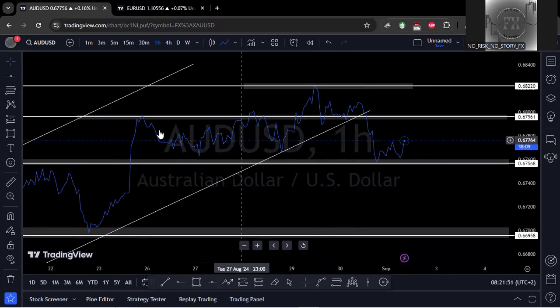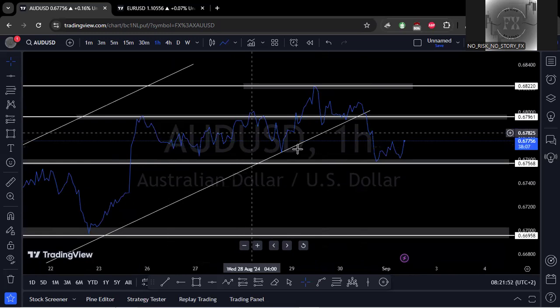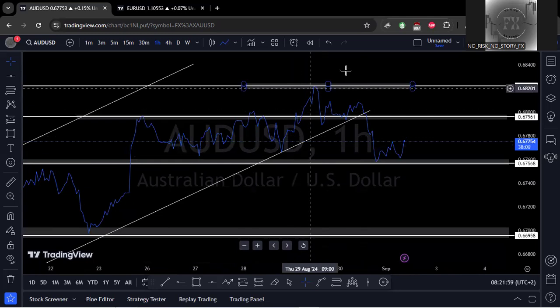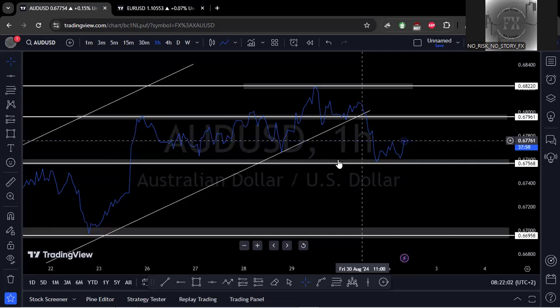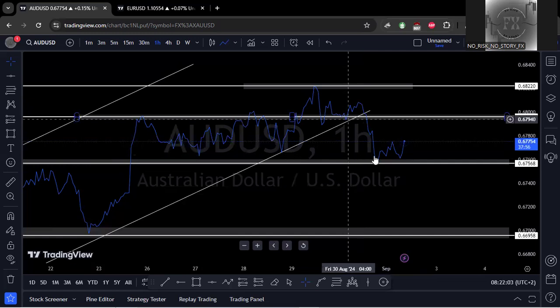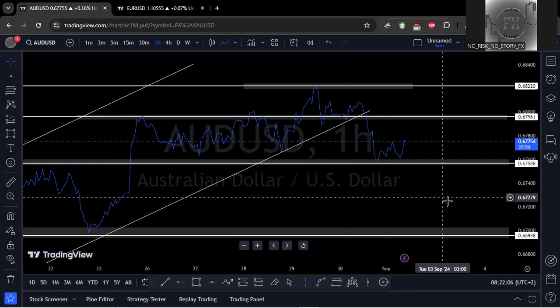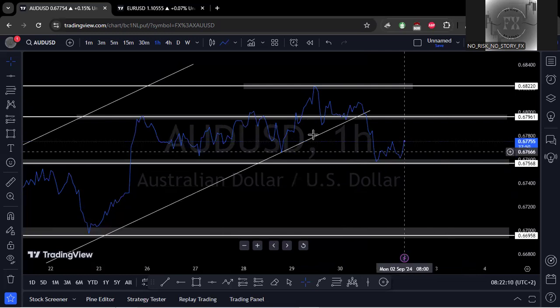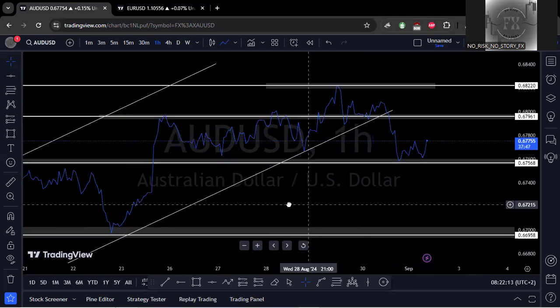The market has been consolidating around these zones. It doesn't want to break high to continue with the buys, and it also looks like it doesn't want to break below to sell.